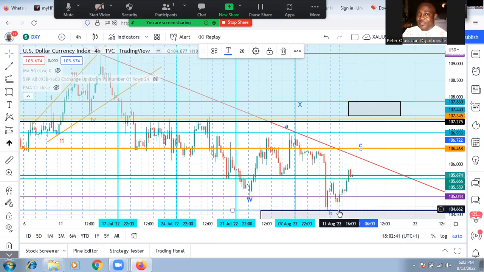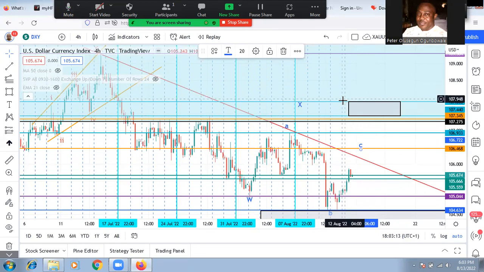This may well be the end of the move for 4 here, but I'm in doubt because of this structure in the middle from here, which is A, B, and a C that I'm trying to see in the making. So we might see it turn down from here. If it does not, it's going to get to this place before it turns down. And if it does not, this is the last place it's going to get to before it turns down. And the breakout of here means that they are done.